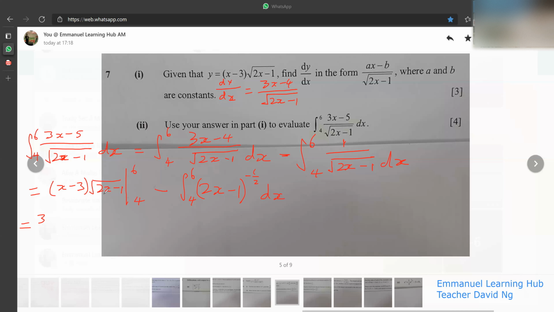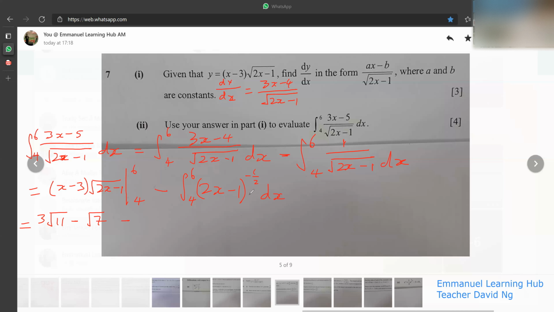Substitute 6 inside here, 2 times 6 is 12. 12 minus 1 is 11. Then I substitute 4 inside here. 4 minus 3 is 1. Then 4 here, 8 minus 1 is 7. That's how I get this.